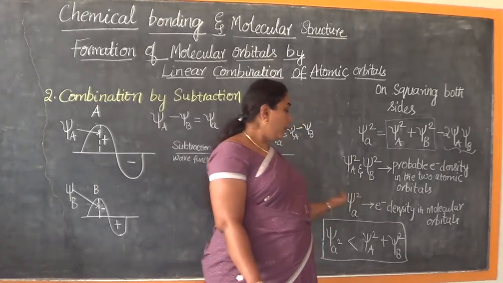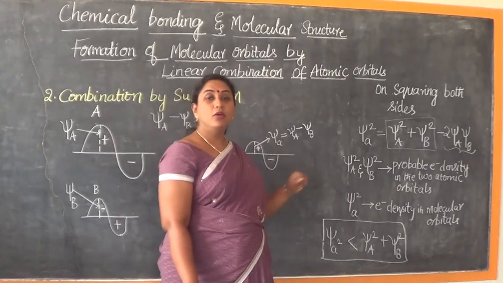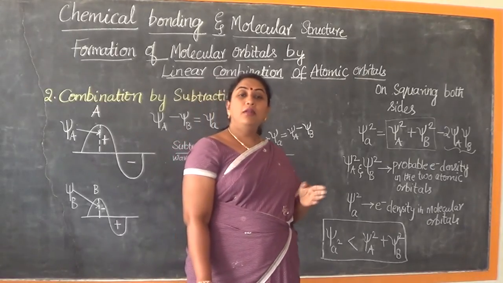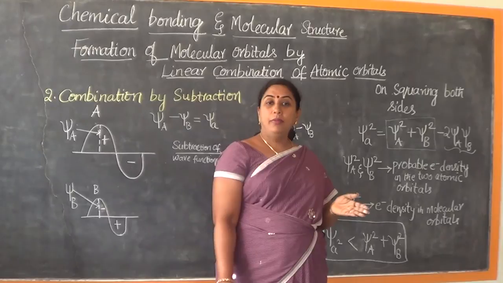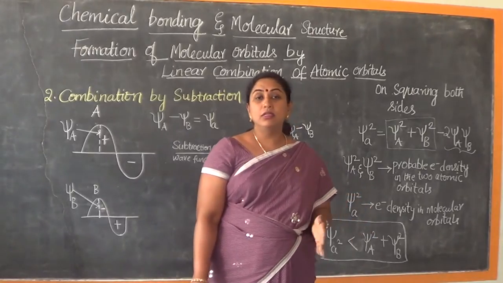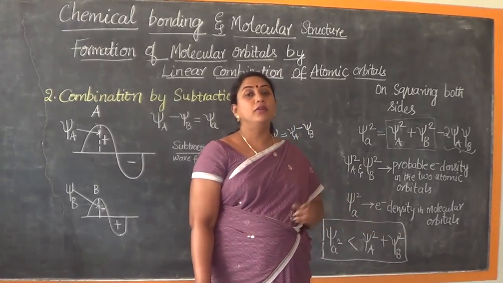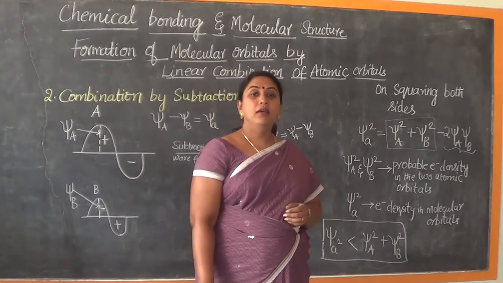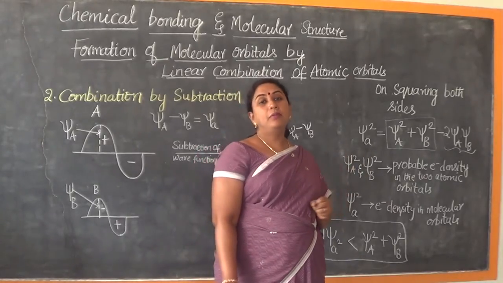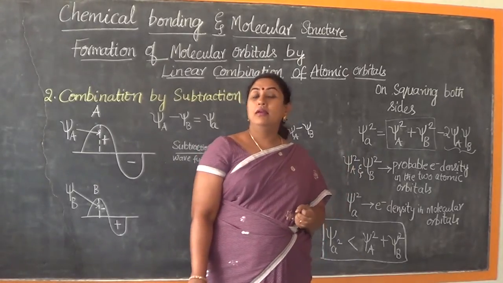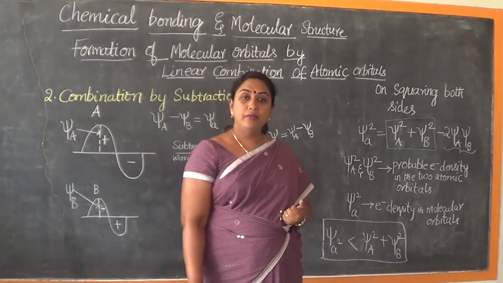Now what is anti-bonding molecular orbital as per this concept? Anti-bonding molecular orbital is a molecular orbital which is obtained as a result of subtraction of the wave function, and the thus obtained anti-bonding molecular orbital will always possess more energy.